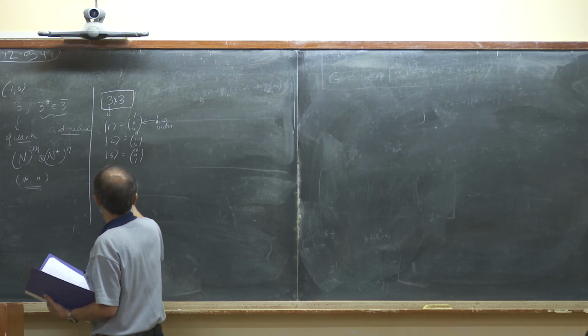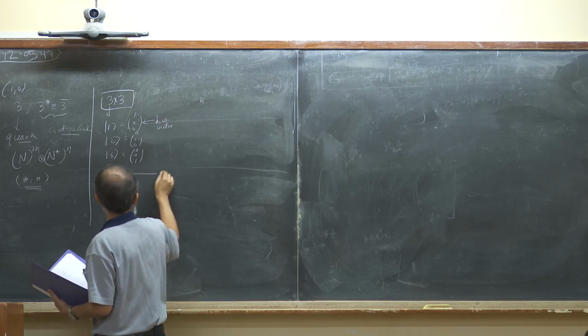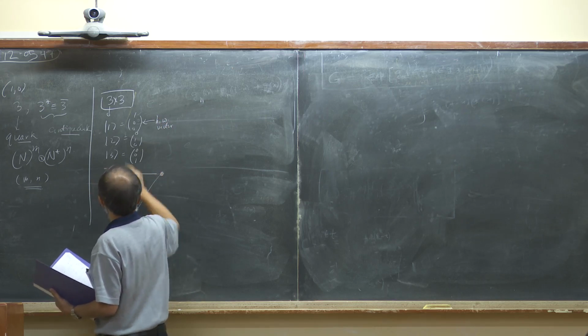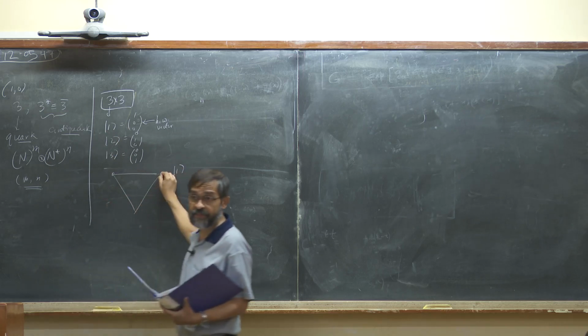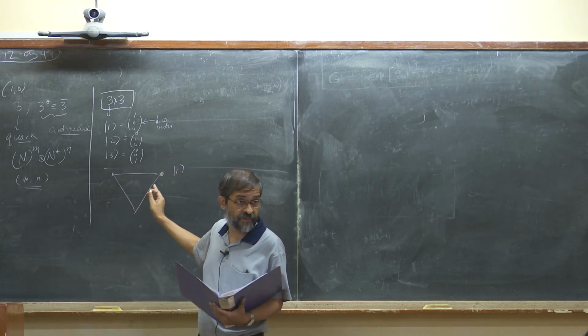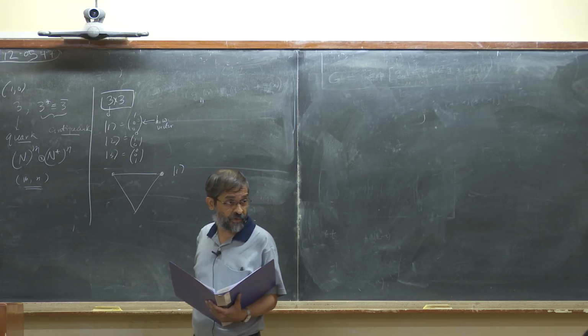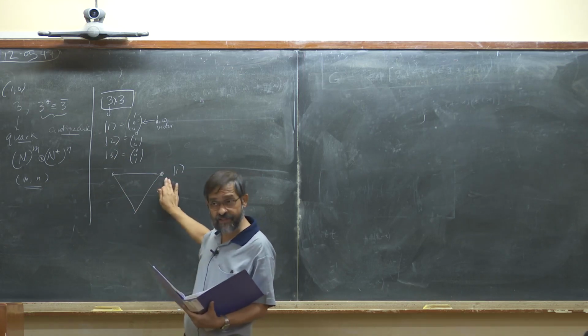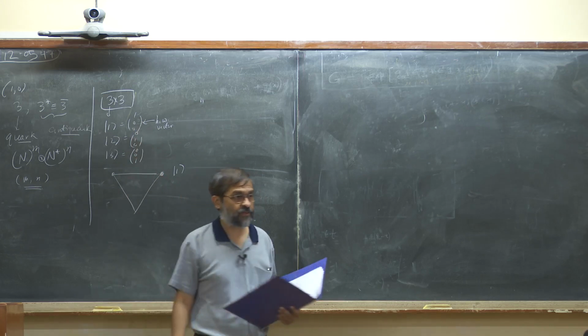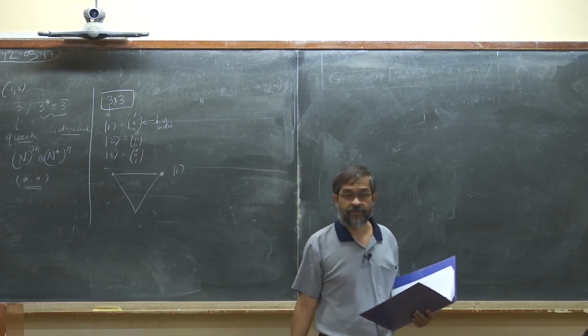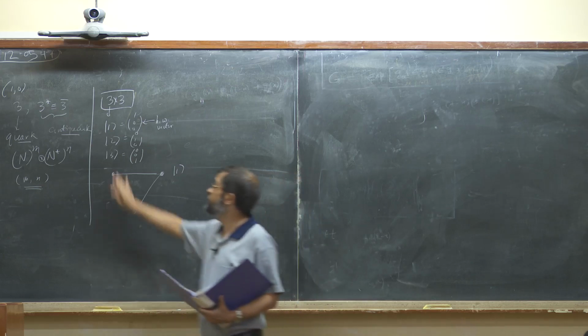Remember that the weight diagram was something like this, and the weight corresponding to 1 fell here. So that was the rightmost, which corresponded to the highest weight, and the corresponding eigenvector was this. So that's the highest weight vector, and that was just 1, 0, 0. That's something that I will call 1.